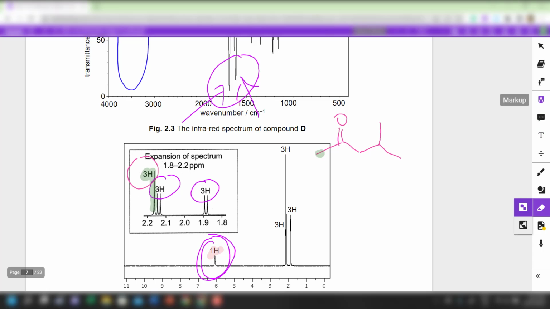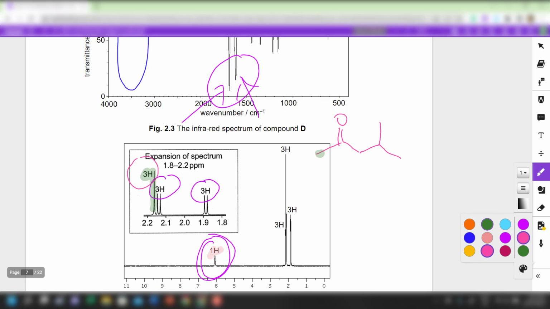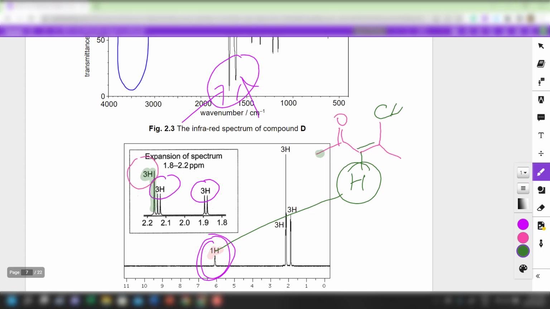So we can confidently say that some form of dehydration has taken place, and this double bond is being produced over here, and this H is the vinylic proton. We have 2 non-equivalent CH3, and these 2 are split by the vinylic proton into a doublet each.